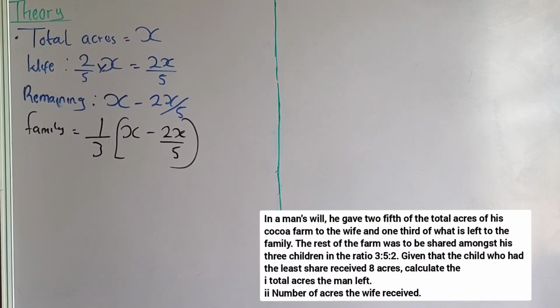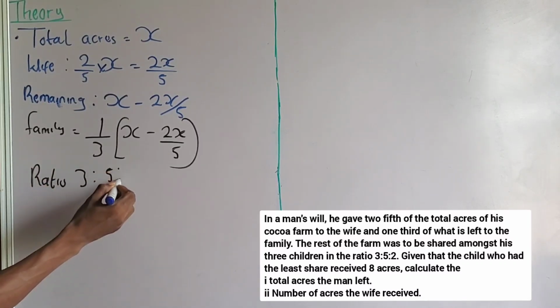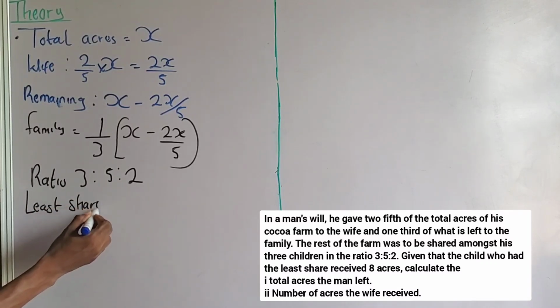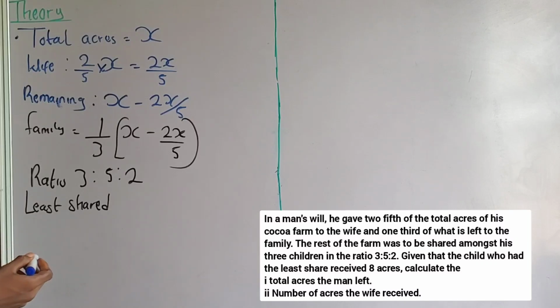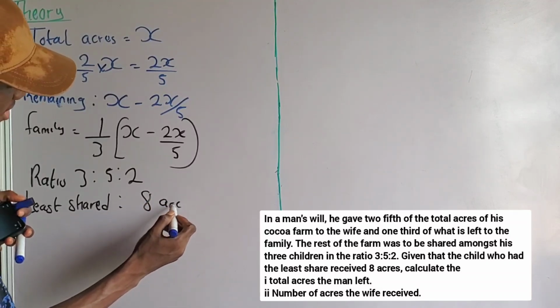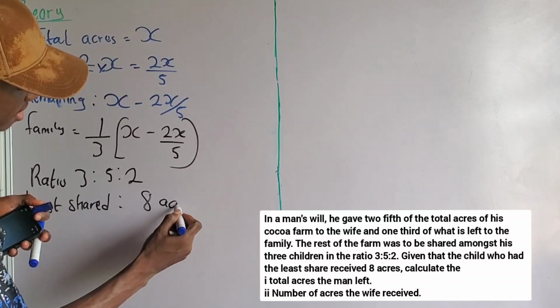Now, the rest of the farm was to be shared. The rest of the farm was to be shared among his 3 children in the ratio 3:5:2. Given that the child who had the least share received 8 acres, the person received 8 acres.